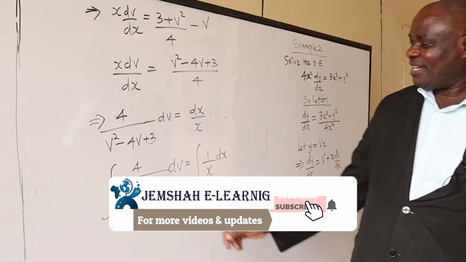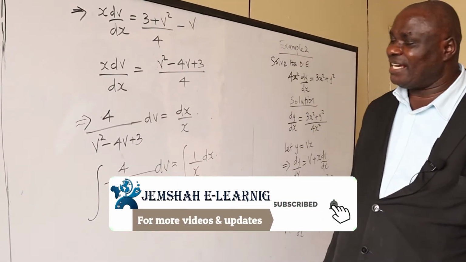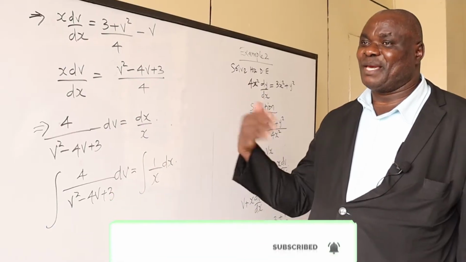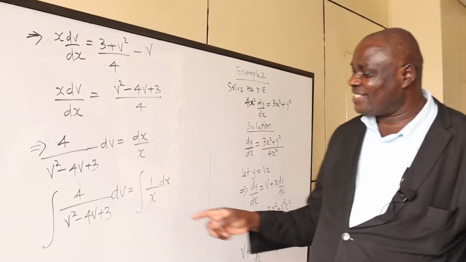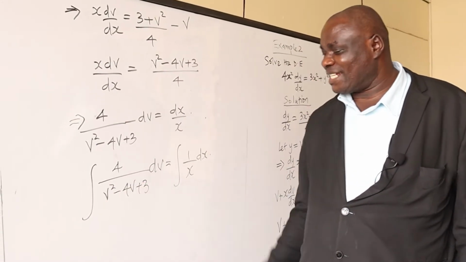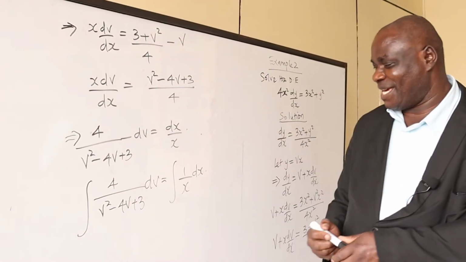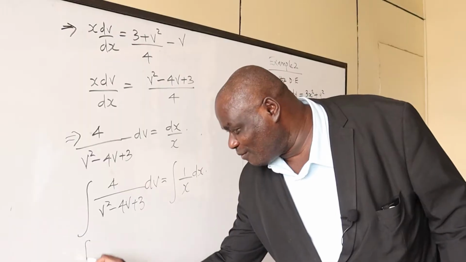Now we check. Our denominator is a quadratic term. We check whether we can factorize that particular quadratic term. In this case, as it is seen, we can. So that's what we do first.